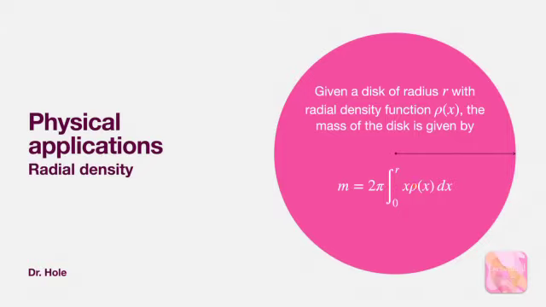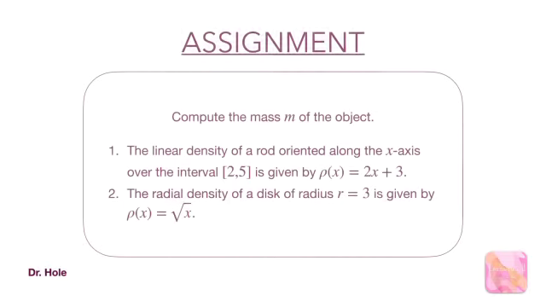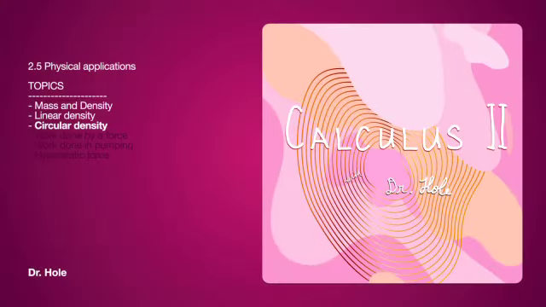Good. So here's an assignment. 1, compute the mass using a linear density function, and 2, compute the mass of an object which has a radial density function. Nice. So that's the first topic, mass and density.